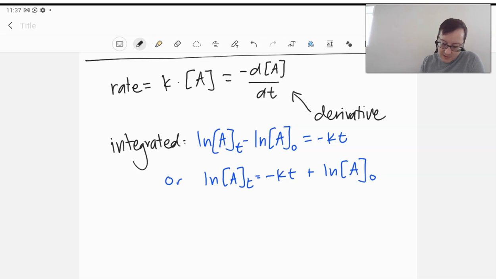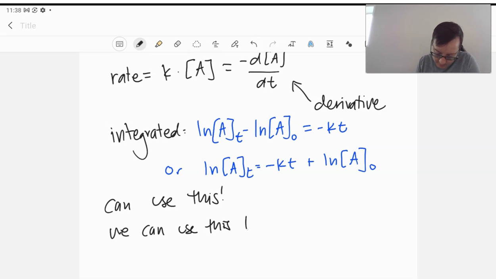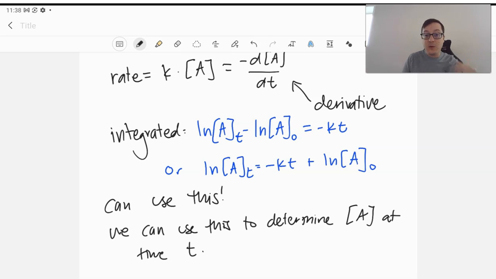And this means that we can use this to figure out the concentration of a particular reactant or product at a given time, at whatever time we want, once we know the constant.